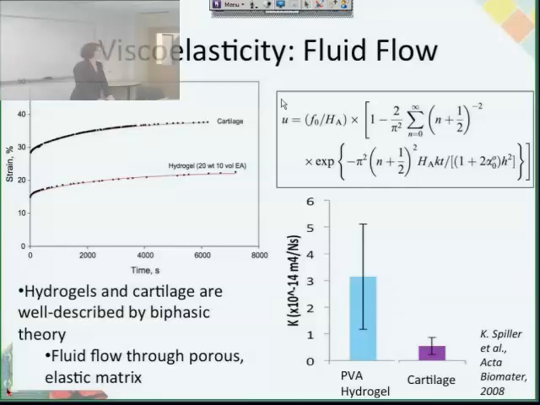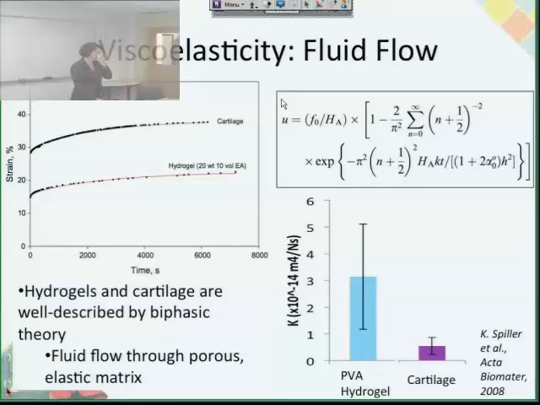There's an interaction parameter there, and there's time, so that's strain over time. And there's also permeability, which is K in that term. If you fit your creep data to a model like that, then you can calculate aggregate modulus and permeability. And that's how, in a physiological test, you can compare a hydrogel that you made to something you're trying to mimic, like a tissue.